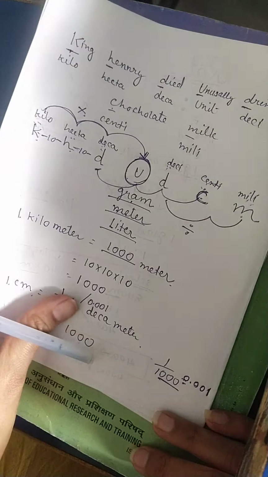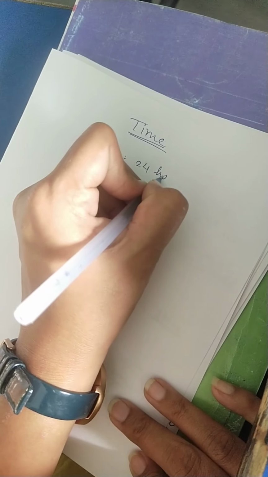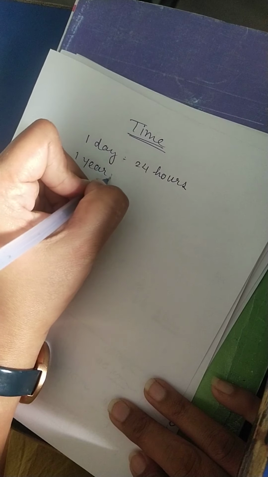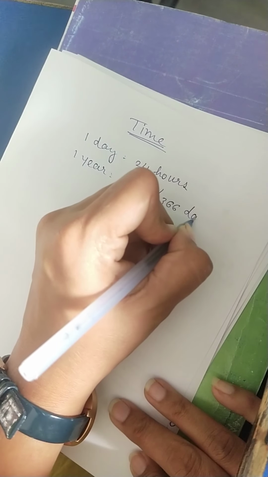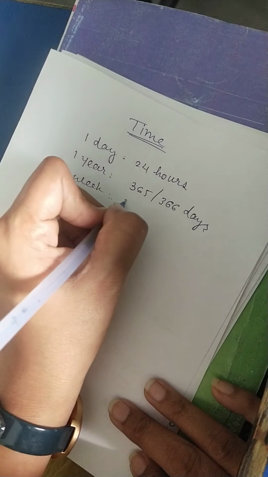In the same way, students, we require this for time. In time, 1 day is equal to 24 hours. 1 year is equal to 365 or 366 days. 1 week is equal to 7 days.